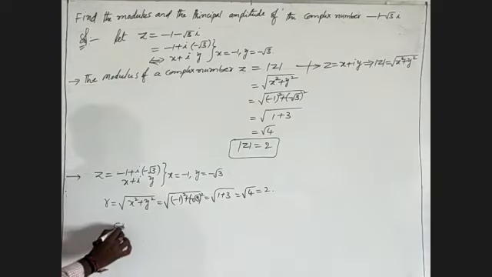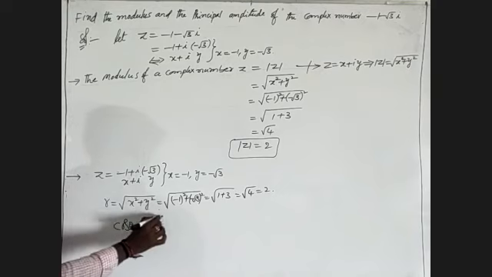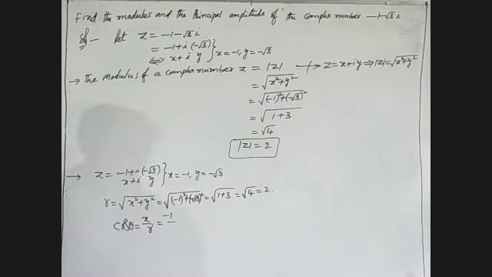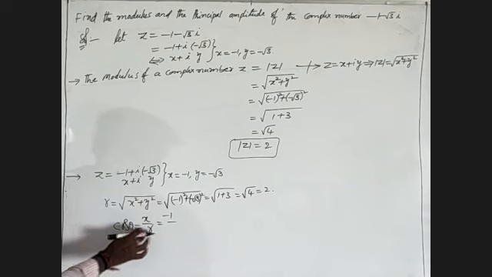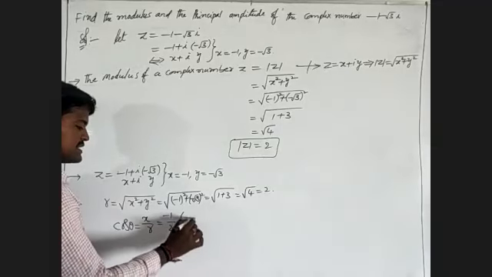After that I have to find cos theta. We already know the formula cos theta is equal to x by r, where x is minus 1 and r is 2. So cos theta is equal to minus 1 by 2, meaning it is a negative value.